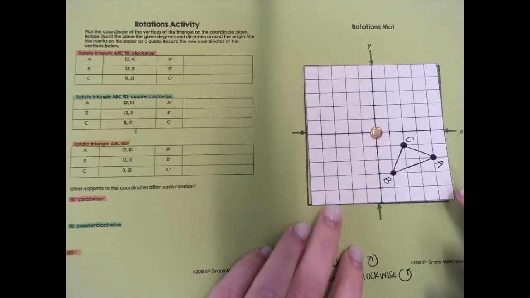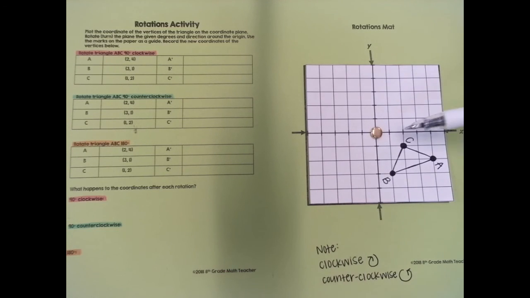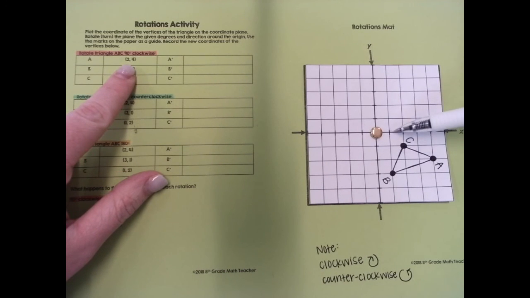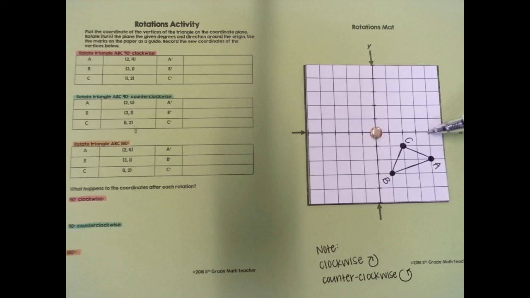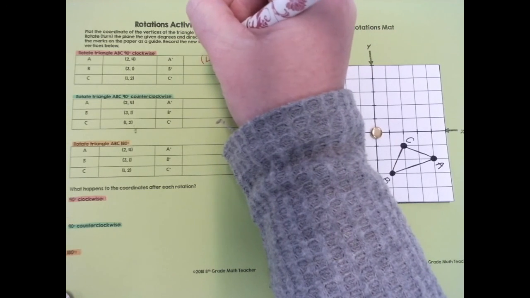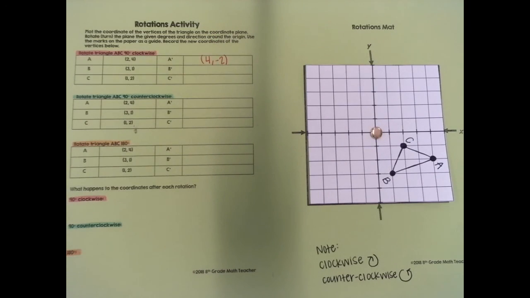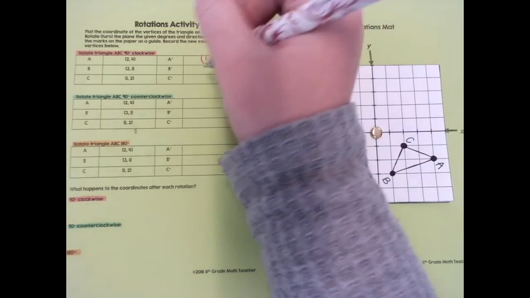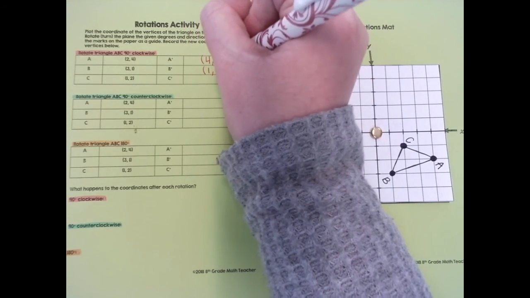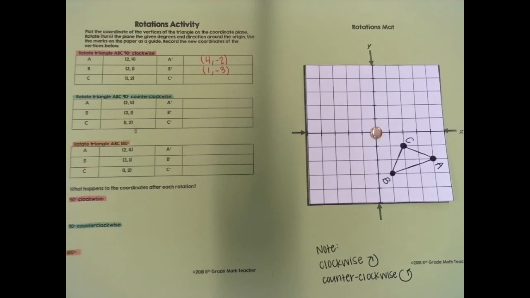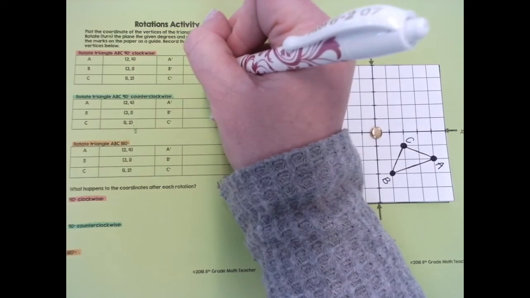Point A, 2, 4, is now the point 4, negative 2. The point 3, 1, point B, is now the point 1, negative 3. And point C, 1, 2, is now the point 2, negative 1.